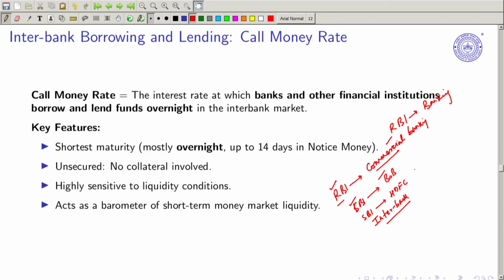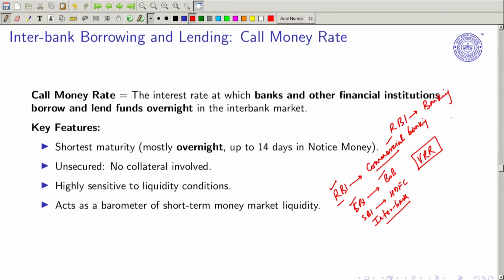Suppose you have a money requirement and RBI has notified that they are going for VRR, variable repo rate auctioning within a week, but you want immediate money overnight. If you go to the repo rate, it is costlier. So sometimes the banks will also be hovering around with some basis points, and that basis point helps.